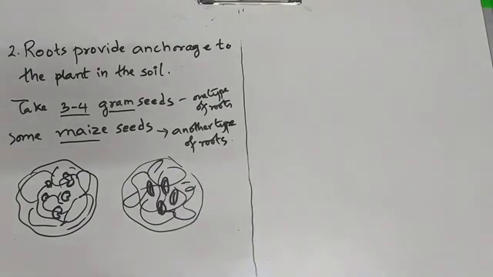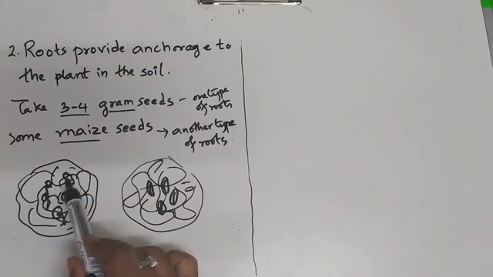Then you have kept this cotton wool wet by sprinkling water regularly. And you have waited for a particular time period, around 2 to 3 days. They sprout.